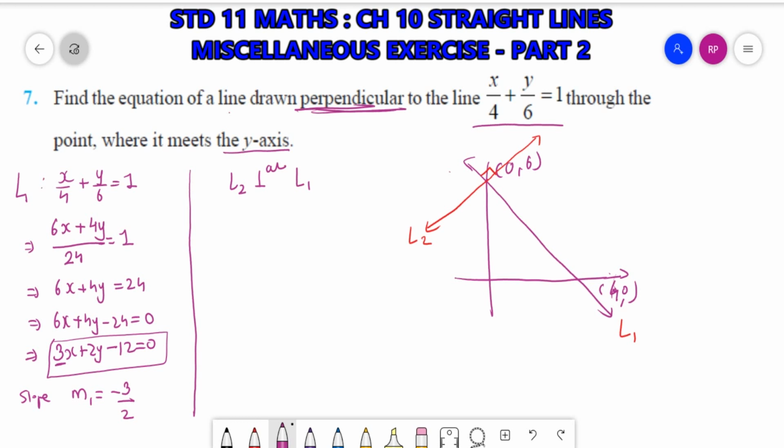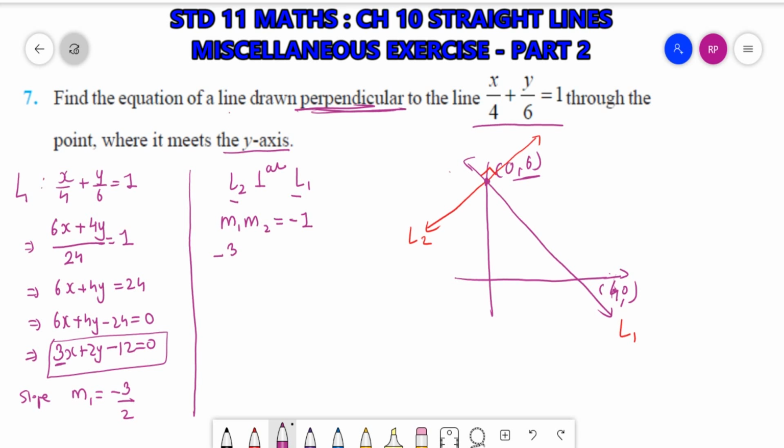To find the equation of a line, if we can get the slope, there will be only a single slope, and if we can get any one point, then we will use the slope point form. The point we already have, that is (0, 6). So we only require the slope. Now L2 is perpendicular to L1, that means M1 into M2 will be equal to minus 1.